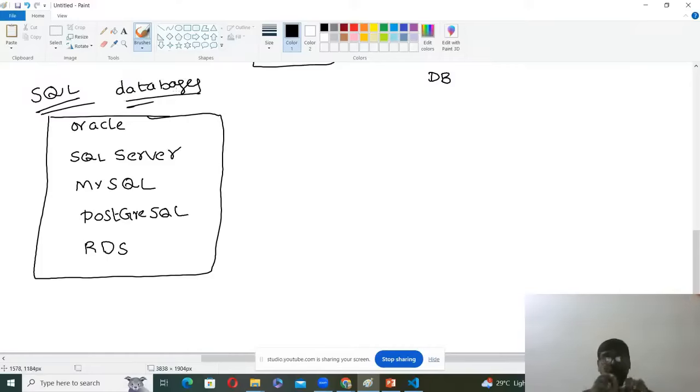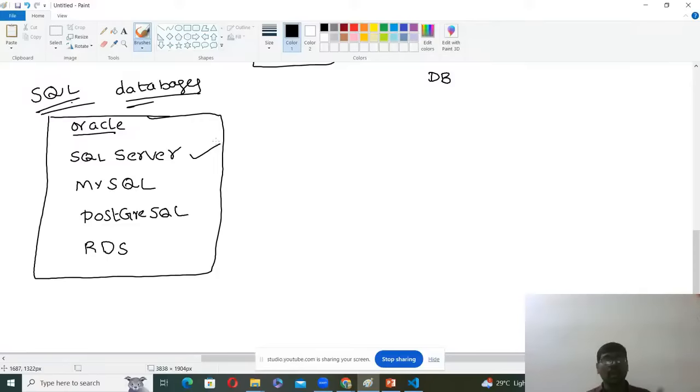Now you understand, if you know the SQL language, that means you know all the syntaxes, everything related to SQL. So the language is implemented in one database. Suppose I explain SQL with Oracle, then for SQL Server do you need to learn again?